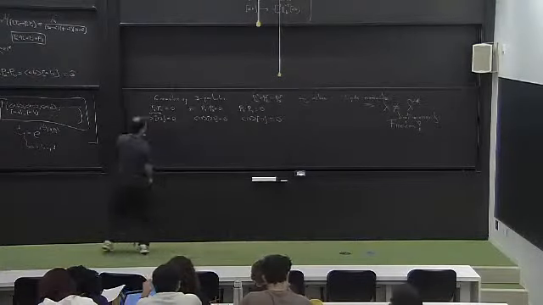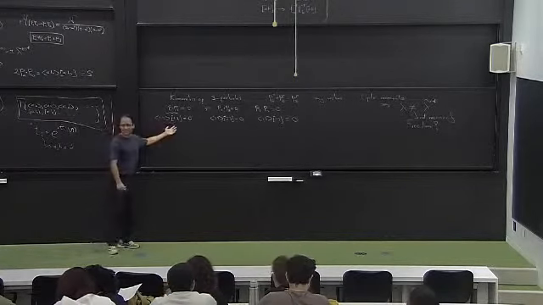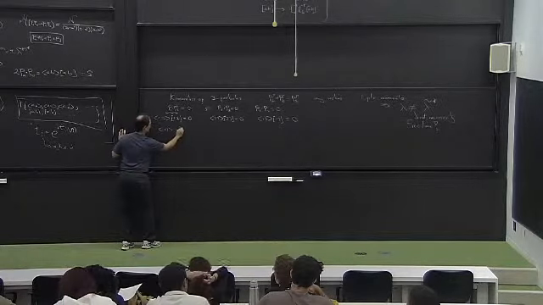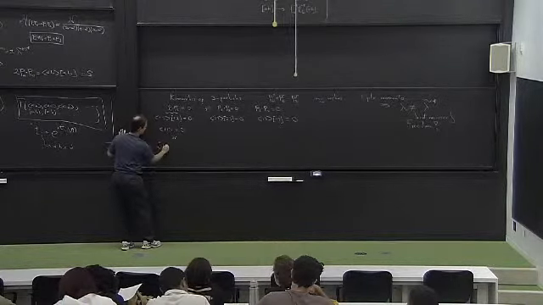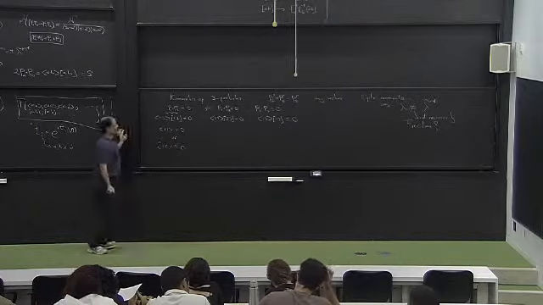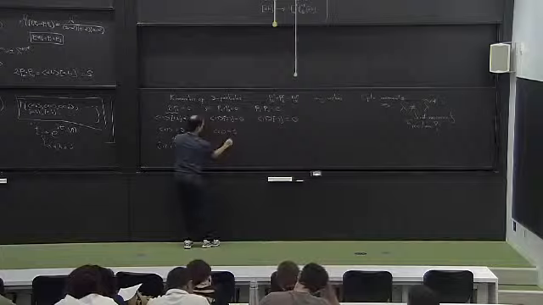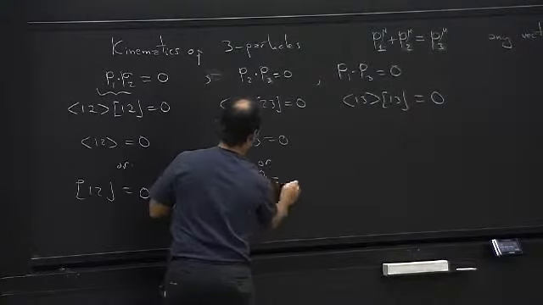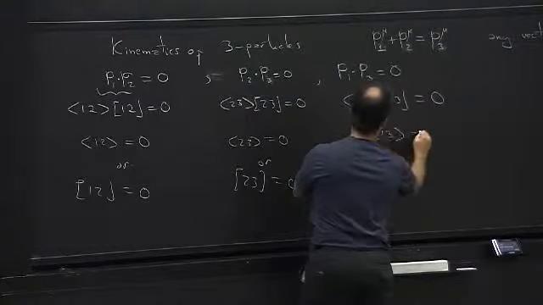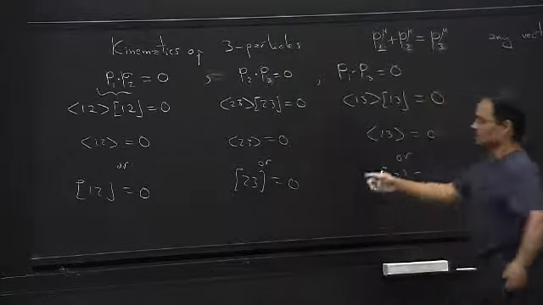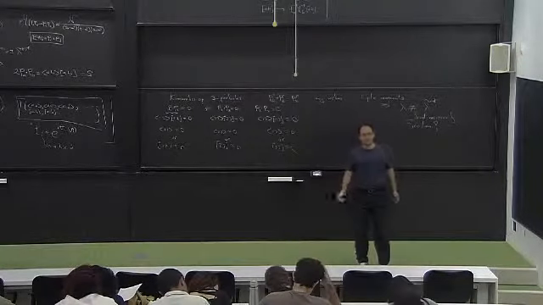Okay. Well, if that's the case, then I have two solutions. Isn't that great? So either this is 0 or this is 0. And the same thing here. Or so you would think we have many possibilities, right?